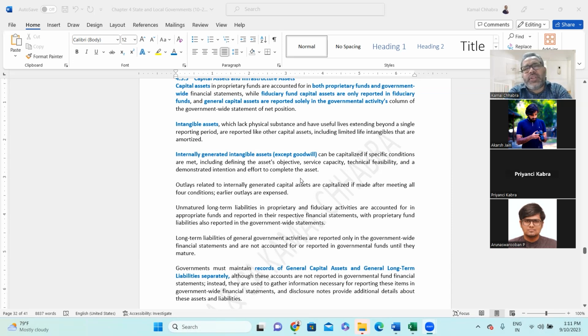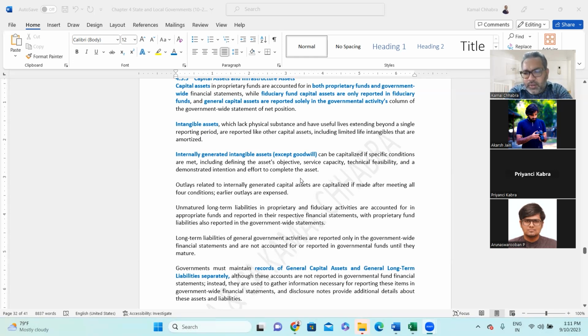But once feasibility is established, if you are investing money for development, from the development stage to the stage where it is ready for commercial production, whatever investment you make, you can capitalize. That capitalized amount is considered an intangible asset which you can amortize over the expected useful life of that intangible.